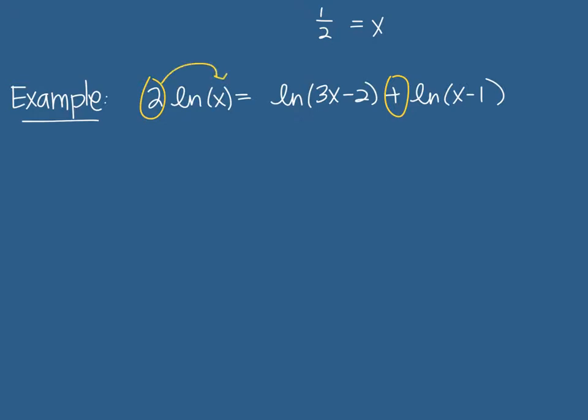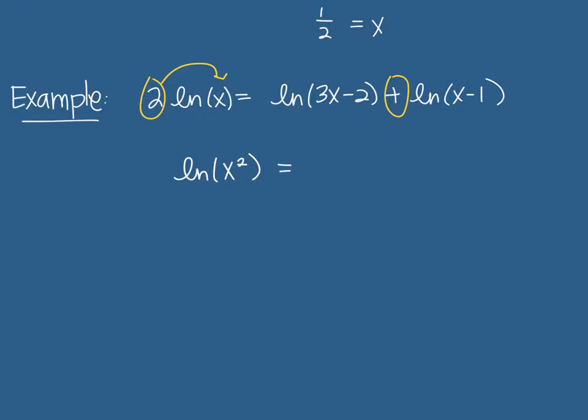So your first job is to use the property to put that 2 back. And so we'll move that 2 back into its correct spot, because we can't have any coefficients when we're solving logarithm problems. So this would be the logarithm then of x squared. So we put the 2 back. Okay, remember, no coefficients in a logarithm problem.